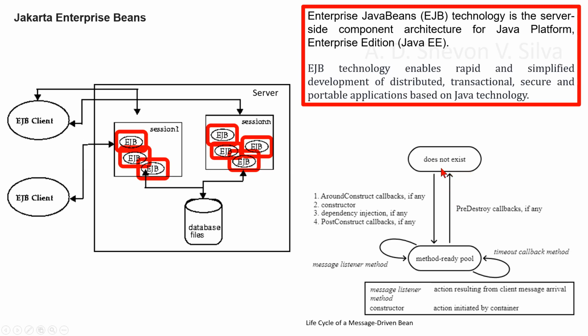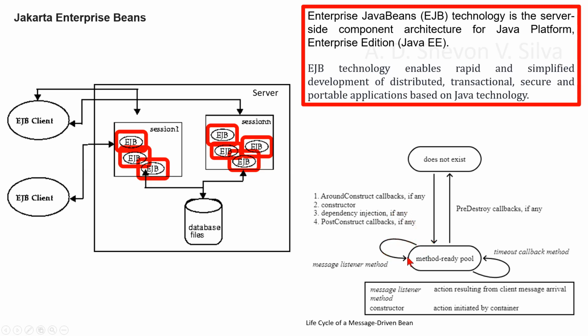Here you can see the does-not-exist state connected to the method-ready pool via step 1, the newInstance callback, if any. Step 2, construct. Step 3, dependency injection, if any. Step 4, post-construct callback, if any.